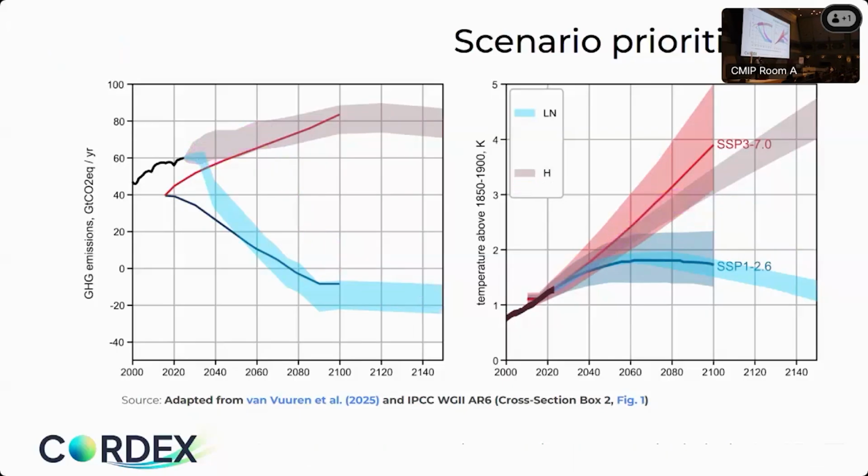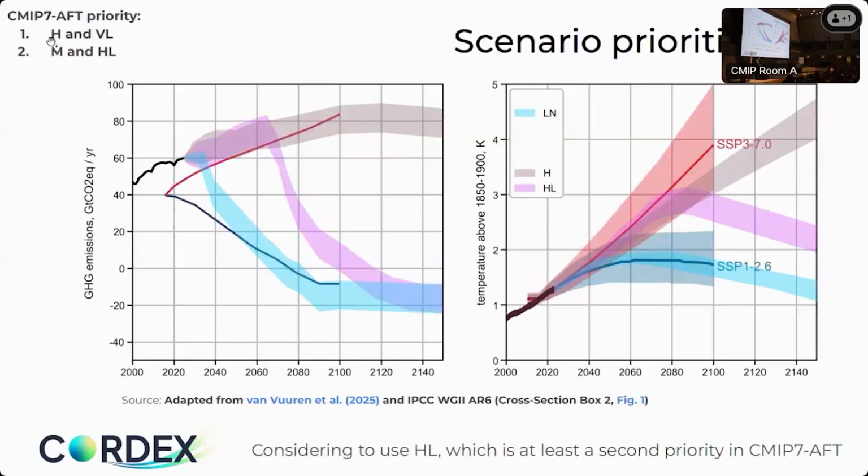I mean, this is our priority, and the priority from CMIP7 AFT in principle, as far as I know, is this one. Any comments? I thought maybe I'd respond with my understanding of the prioritization. All of the scenarios would be under the fast tracking principle, right?